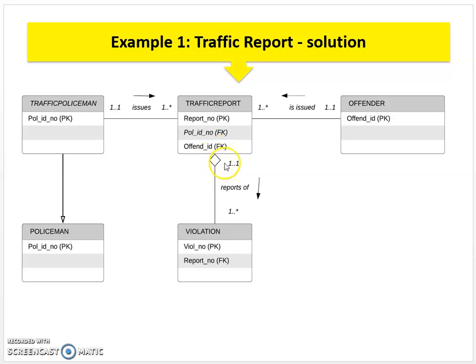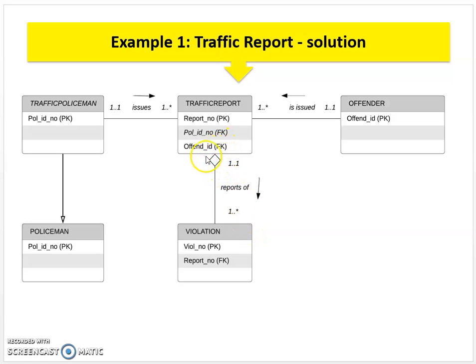And using this symbol, which is aggregation, it means that even if there is no traffic report issued, we can still have a violation. So violation number, which is a primary key, is a unique identifier of any violation. The reason why we have a report number as a foreign key here is because we have a many relationship, which is one to many, meaning traffic reports can be reports of one to many or more than one violations. And this is why the arrow is pointing towards the violation.